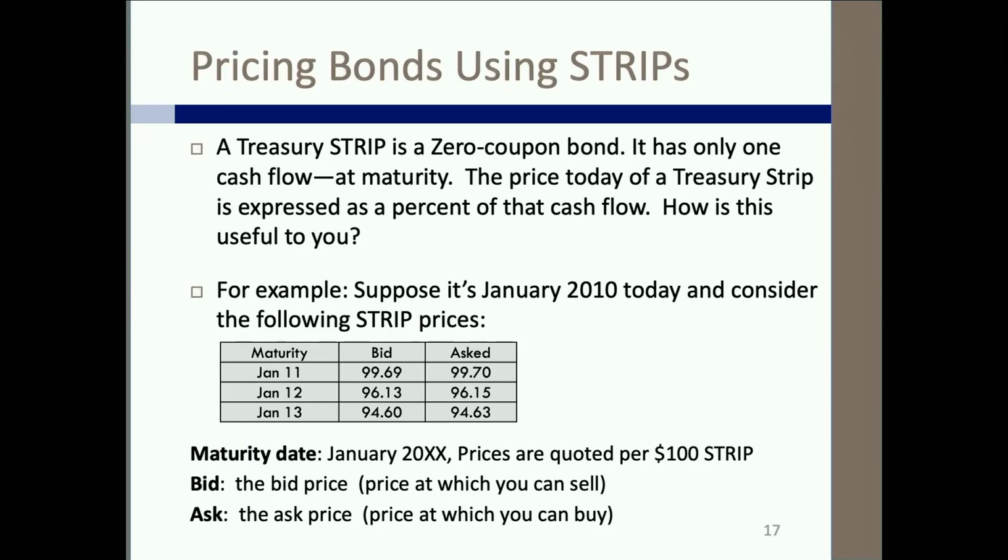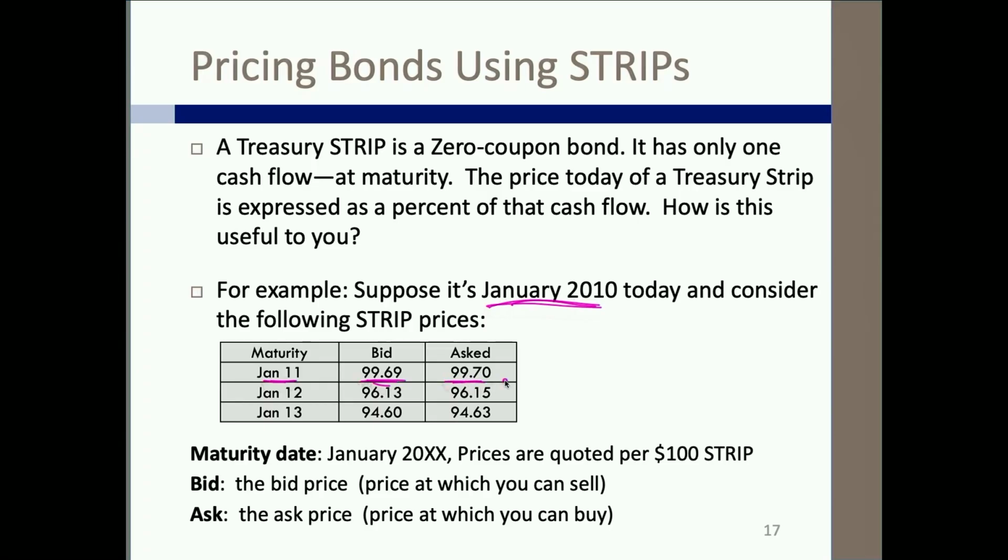Okay? So let's take a look at this example. Suppose today is January 2010, and we have the following quotations for treasury strips. For a treasury strip that matures in January 2011, the bid is $99.69, the ask is $99.70.